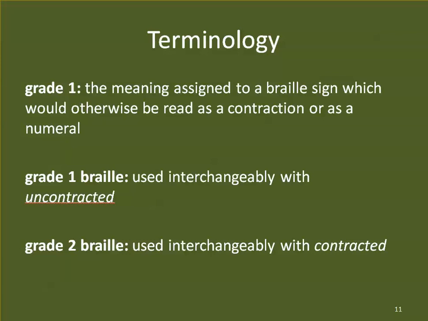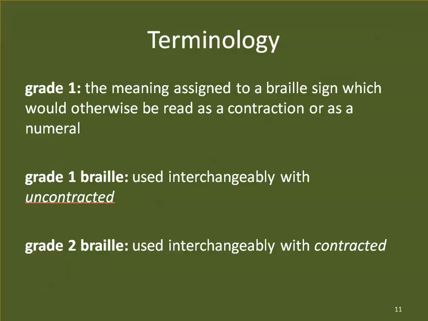Some more terminology. Grade 1. Now, this is an international code, and the United States was not in on the discussion of what to call this thing when it was invented. So unfortunately, it's been called the Grade 1 mode indicator, even though, well, some years ago, we stopped calling Braille Grade 1, Grade 2.